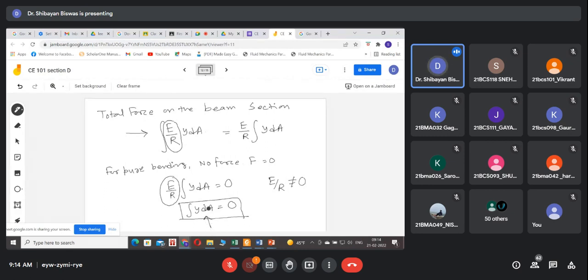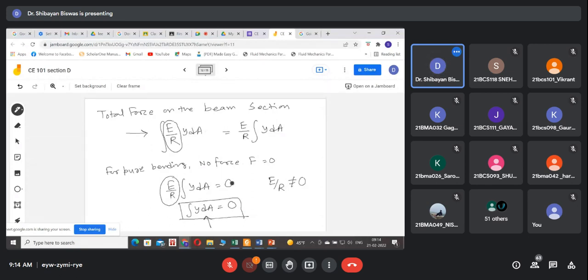The moment of area about an axis becomes 0 only when that axis is coinciding with the centroidal axis of the section. Now from this expression, this moment of area of this section is 0.